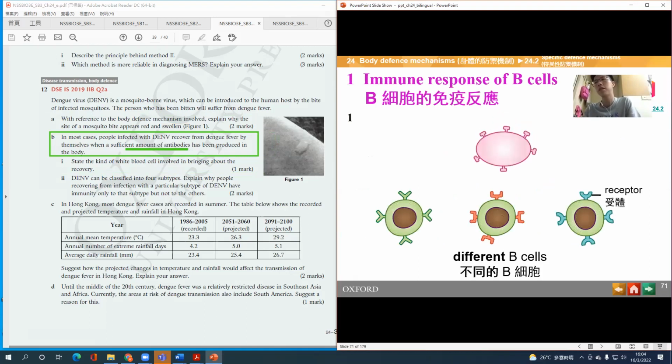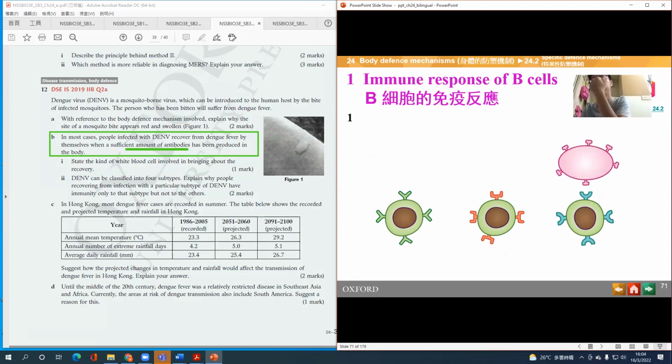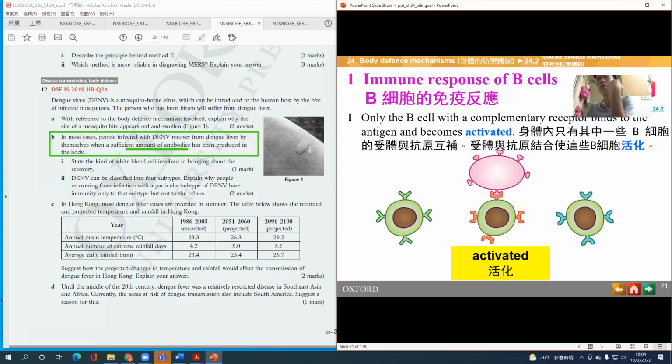A B cell gets into contact with the pathogen. We say this B cell is activated because the pathogen gets in touch with the B cell.